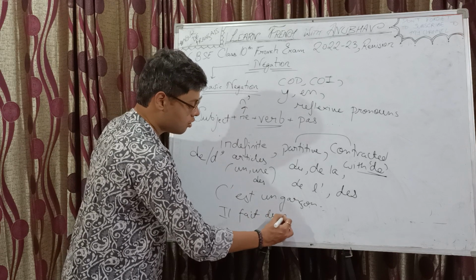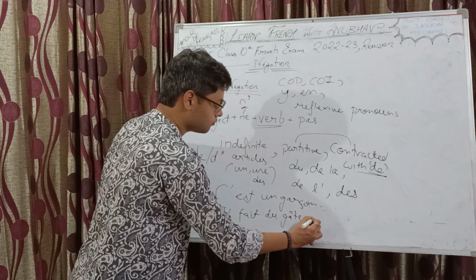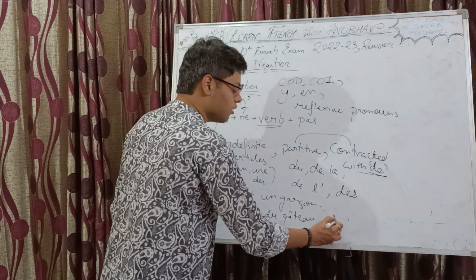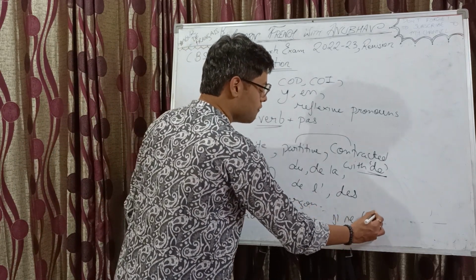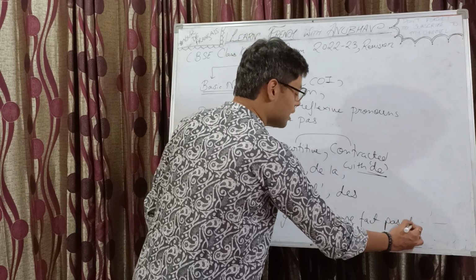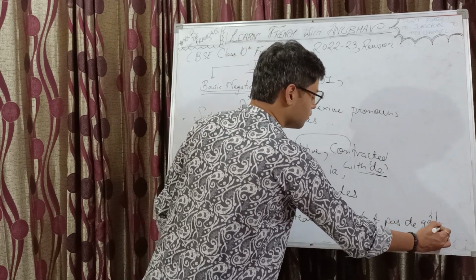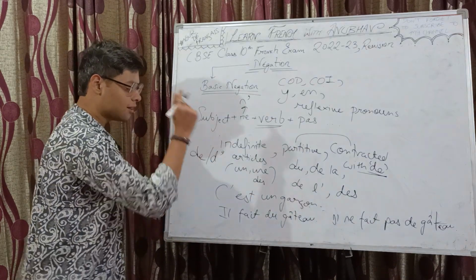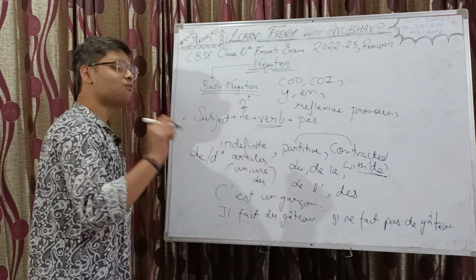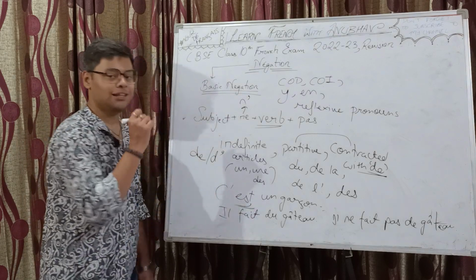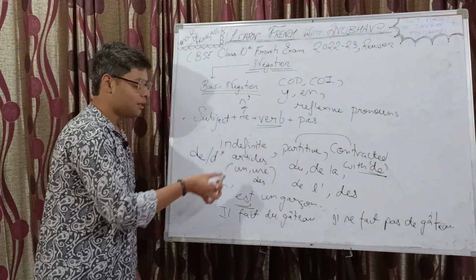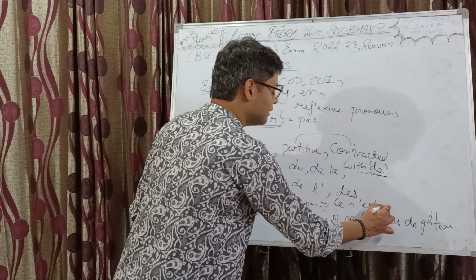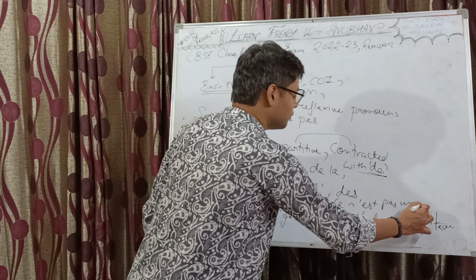Il fait du gâteau. Fine, il fait du gâteau. In negative, what would it be? Il ne fait pas de gâteau. Du changes to de. But this change won't happen if there is être in the sentence. For example, c'est un garçon, ce n'est pas un garçon. No change in the indefinite article.